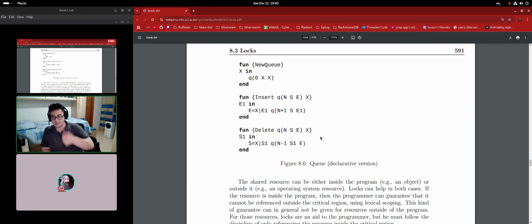Cool. So, building stateful concurrent ADTs. Now we're going to upgrade that original version with new versions. 8.6 is the declarative normal version. Then 8.7 shows the same queue but in a stateful version, and this is using the lexical scoping trick.